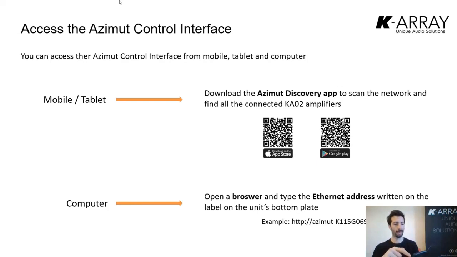I don't think I will be able to show it to you in the camera, but you download it, and I can try just for fun to see if, let me see. Oh, I have also to connect to the same Wi-Fi of my amplifier.